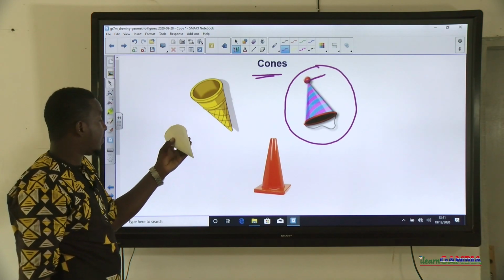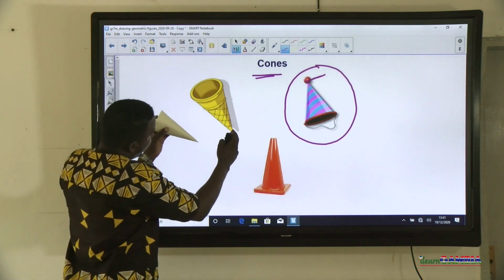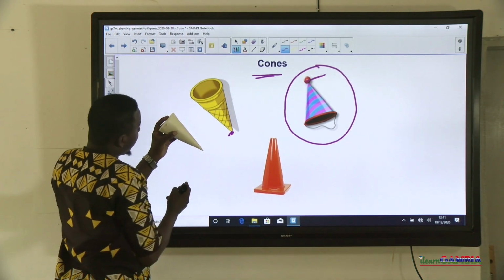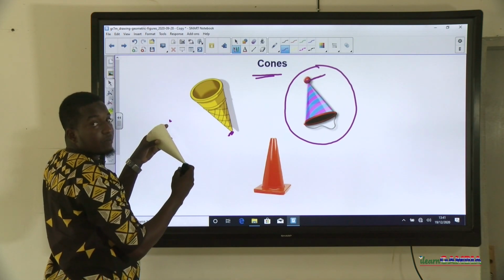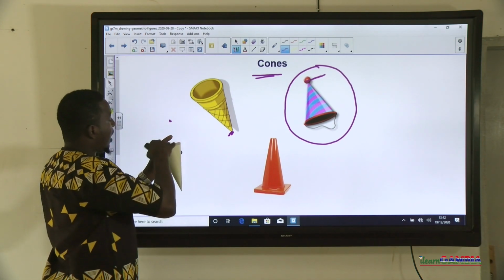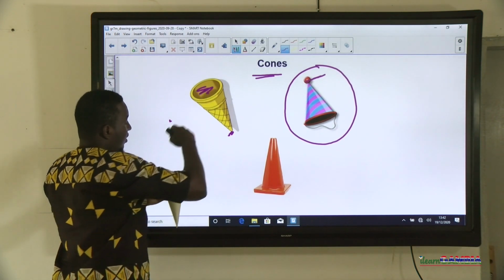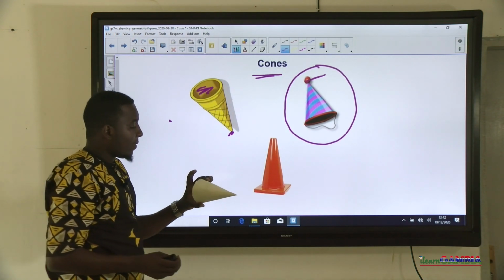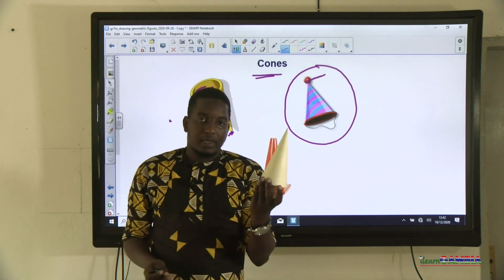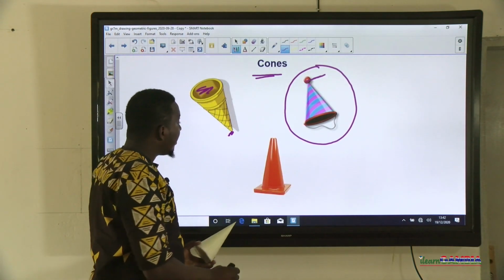This is the vertex, and here is the curved surface area. What we have on top here is the flat face. So it is also a cone. So finally, the last one.